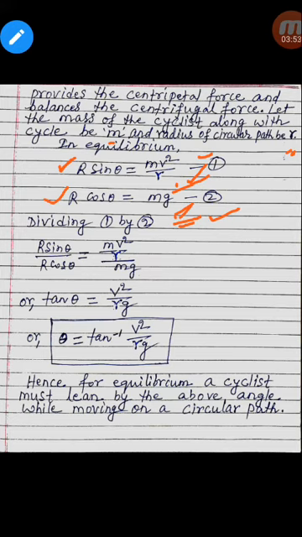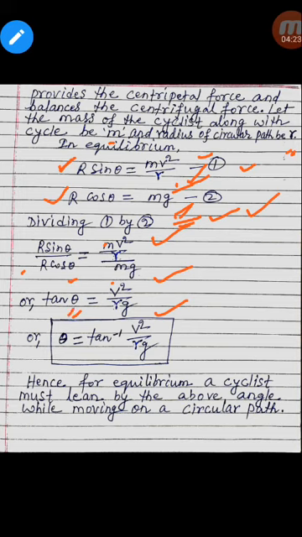So dividing 1 by 2, R sin theta by R cos theta equals mv square by r by mg, or tan theta equals v square by rg. The capital R cancels, and the small m, which is the mass of the cyclist, cancels.